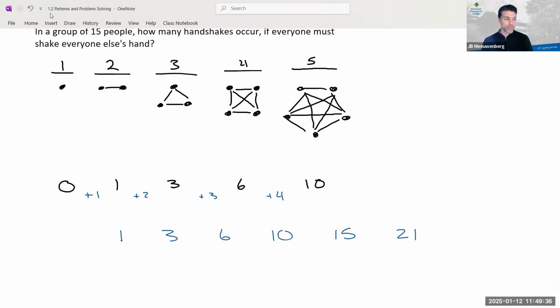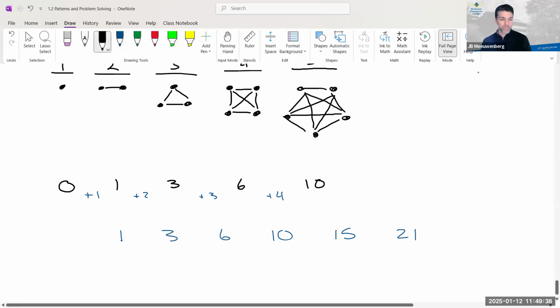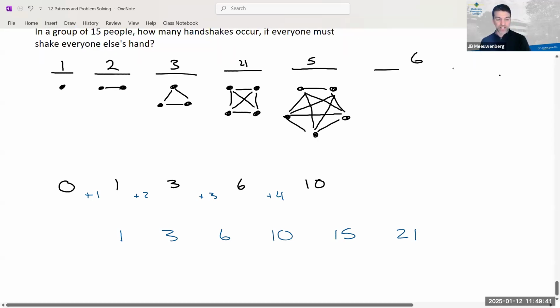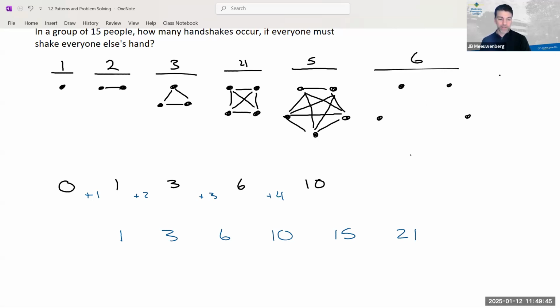So maybe we should check one more just to make sure this all works, right? 6. Can we draw 6? 6 people. How many handshakes? You have to make this a little bit bigger the further you go. Let's count them.